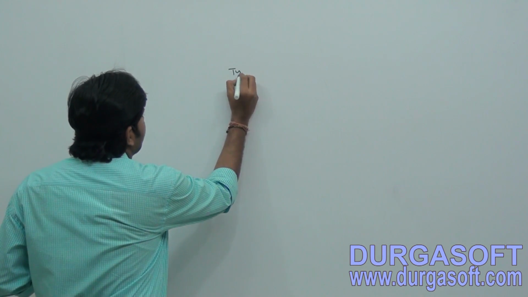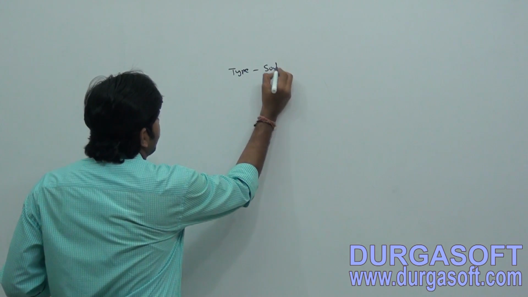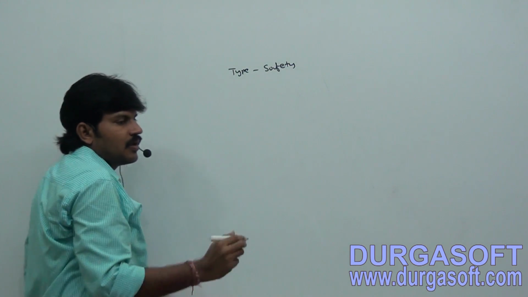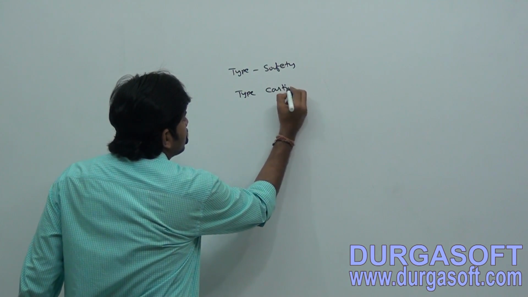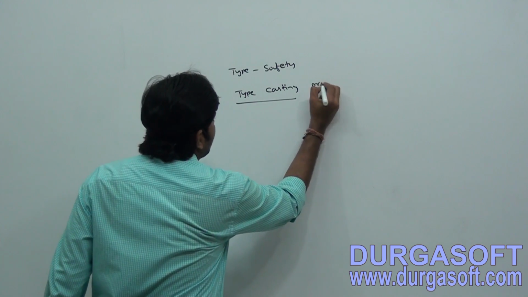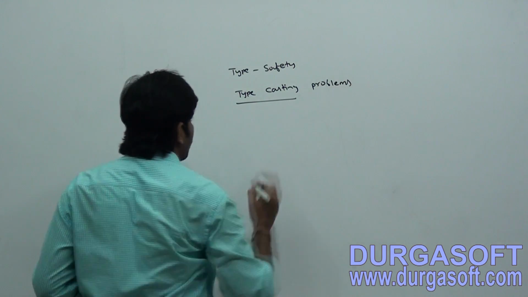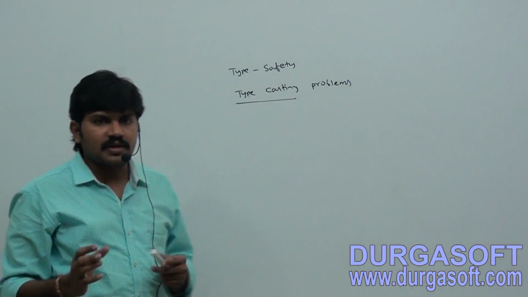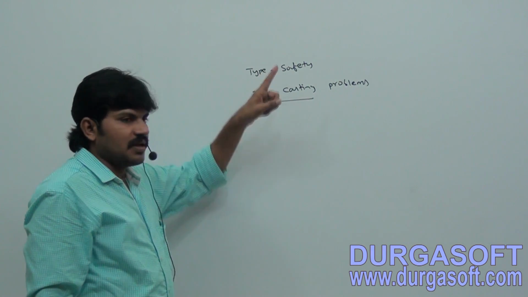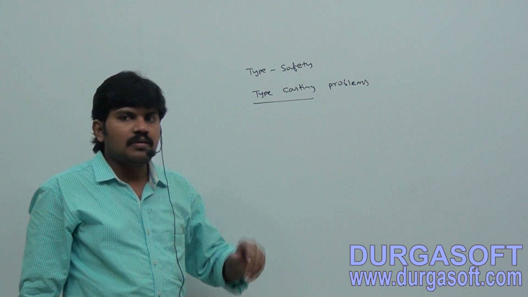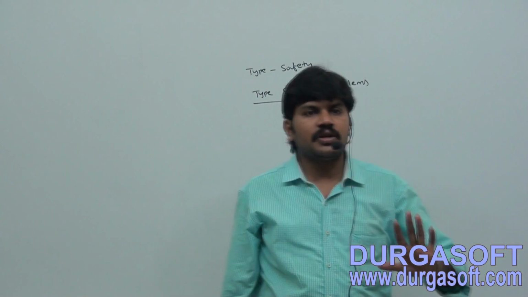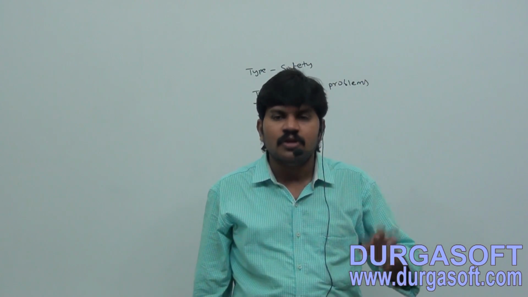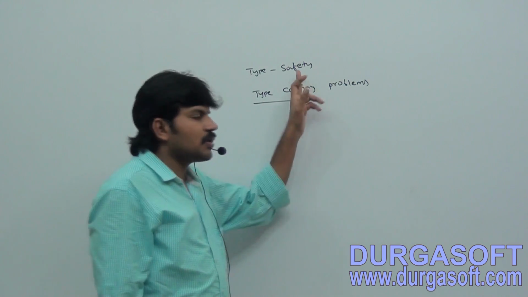It is to provide type safety and to resolve typecasting problems. For that purpose we use the generics concept. Are you able to understand the need or the purpose of generics?